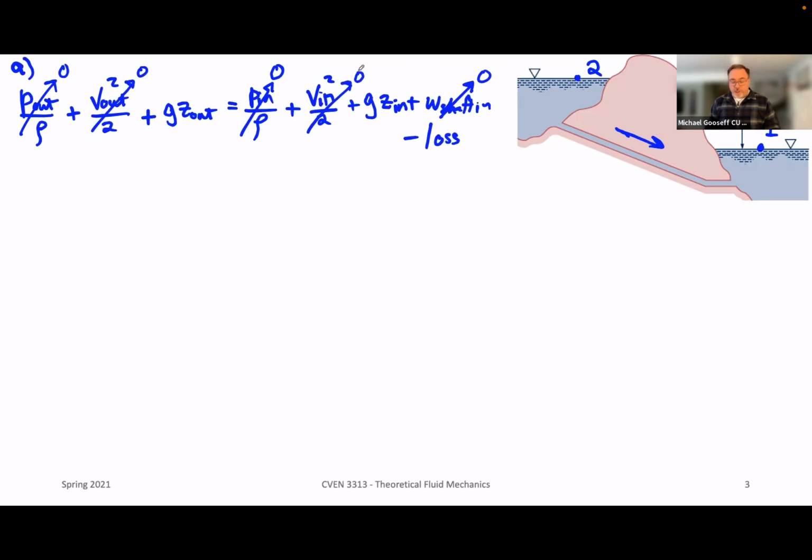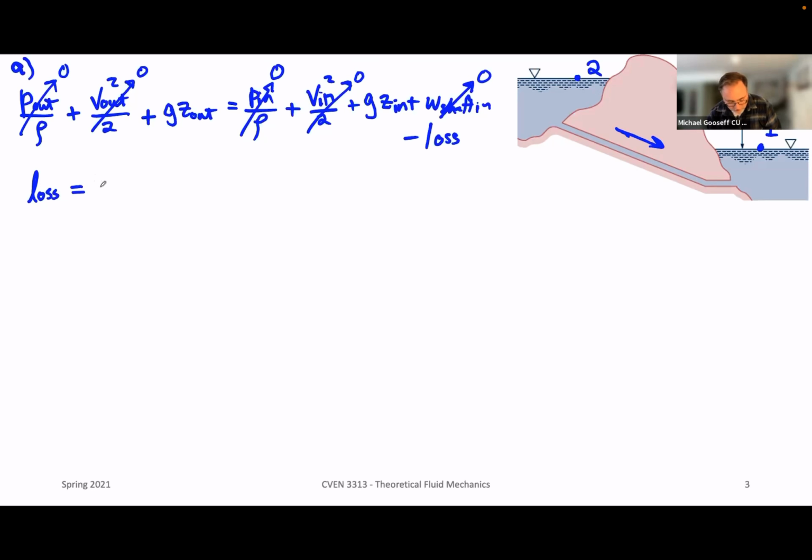Well, something pretty straightforward. The change in elevation here, so Z out minus Z in times g, is equal to a negative loss. Let me rearrange that and write it here. So now we have the loss is equal to, and I'm just going to distribute this negative term when we move the in to the other side.